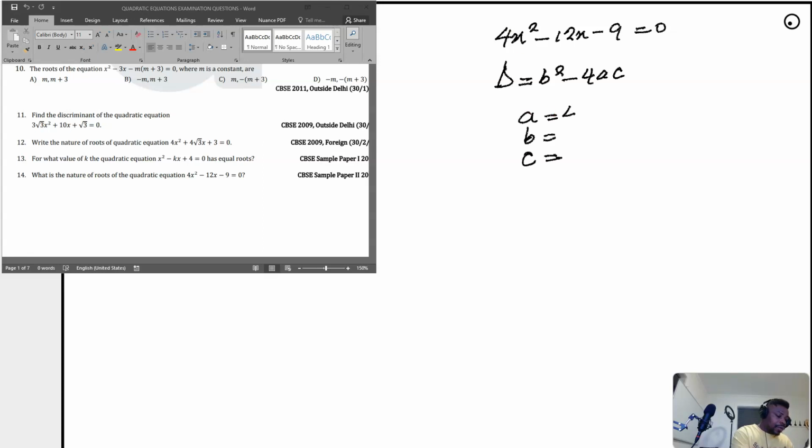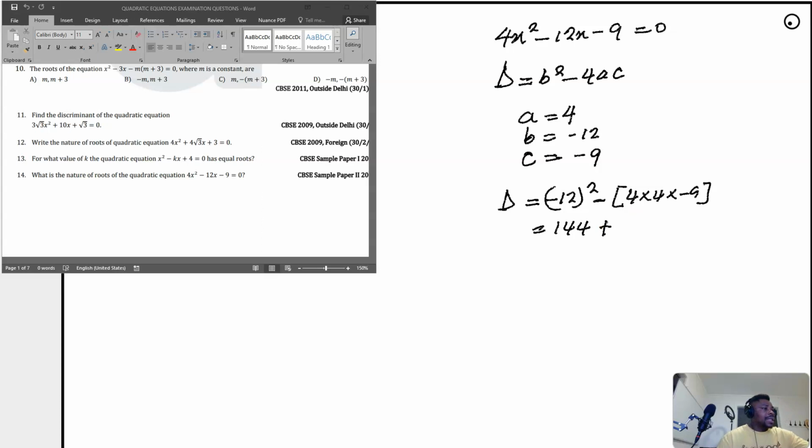Our a here is 4, our b is minus 12, and our c is minus 9. So let's get the value of the discriminant. So d is equal to, what is b? Minus 12 all squared minus 4ac, 4 times 4 times minus 9. So this is 144 minus times minus is plus 16 times 9.